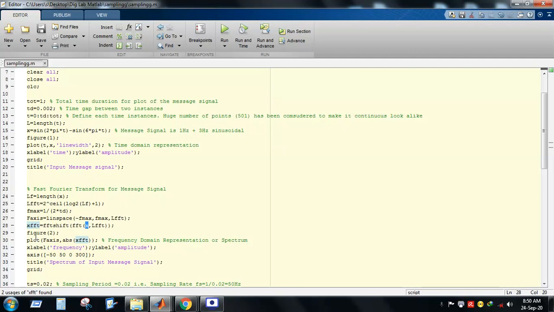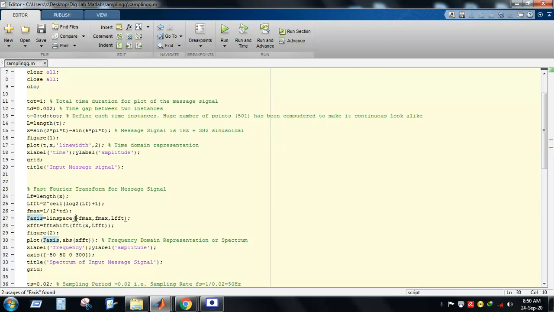So if we plot the absolute value of the Fourier transform with respect to frequency, then we need to use this f axis. Here you can see that we define another thing, from minus f max to f max, with L_fft points.